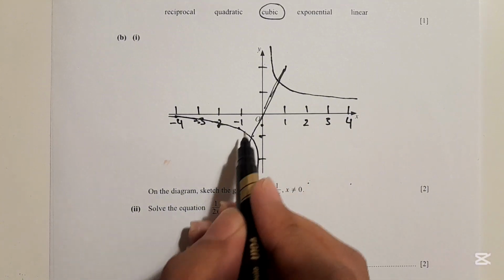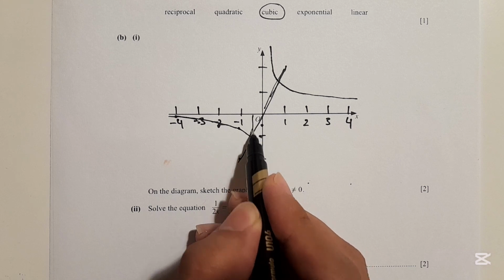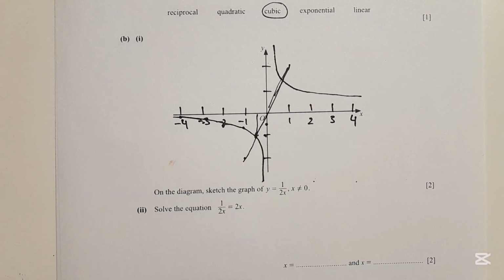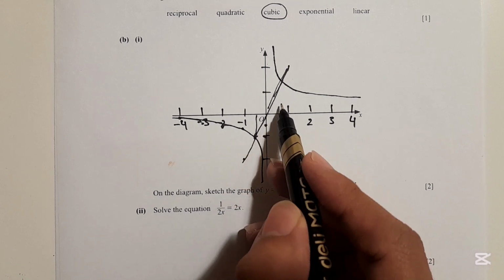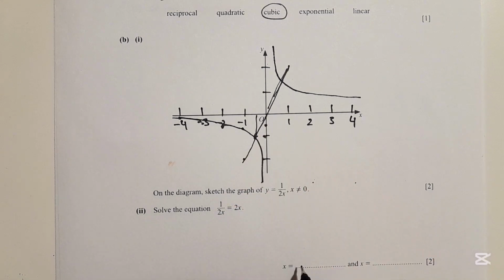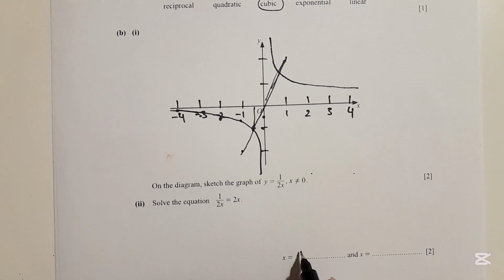Here we can see one value of x is almost -0.25, and another value of x is plus 0.75. So here we will write -0.25 and +0.75. So these will be the final answers for part B, part 2.